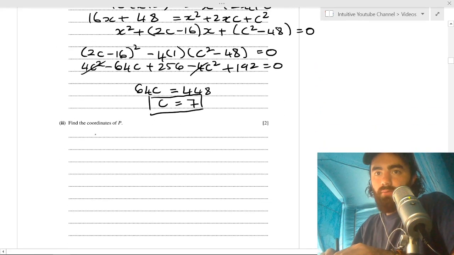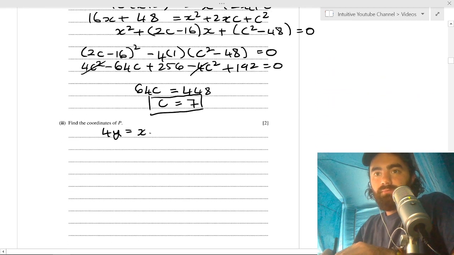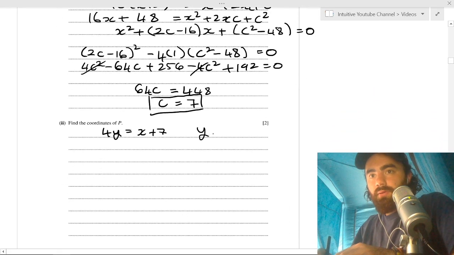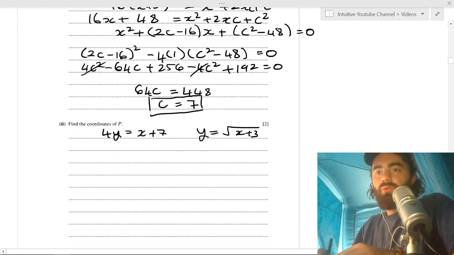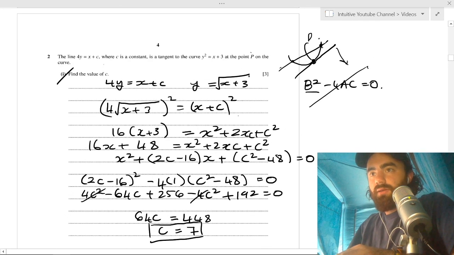Again, we have this line, y equals x plus 7, and we also have y equals the square root of x plus 3. So the coordinates of P are where this line and this curve intersect.